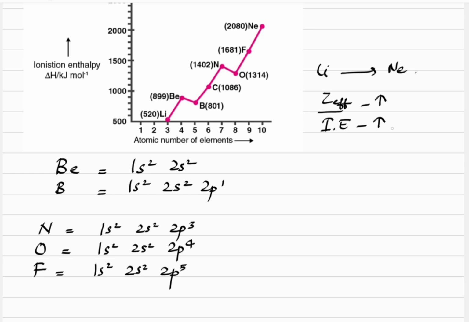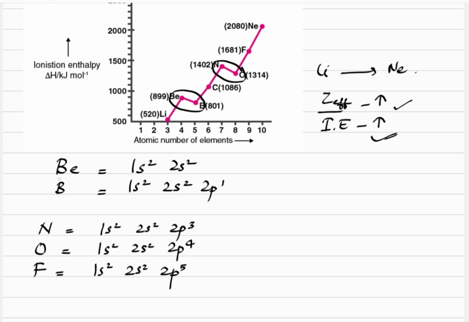More pull towards the nucleus, that means it's going to be more difficult to remove that electron, right? So ionization energy increases if the Z effective increases. Okay, now there are two anomalies here, basically just two. Why boron is less than beryllium, and why oxygen is less than nitrogen.